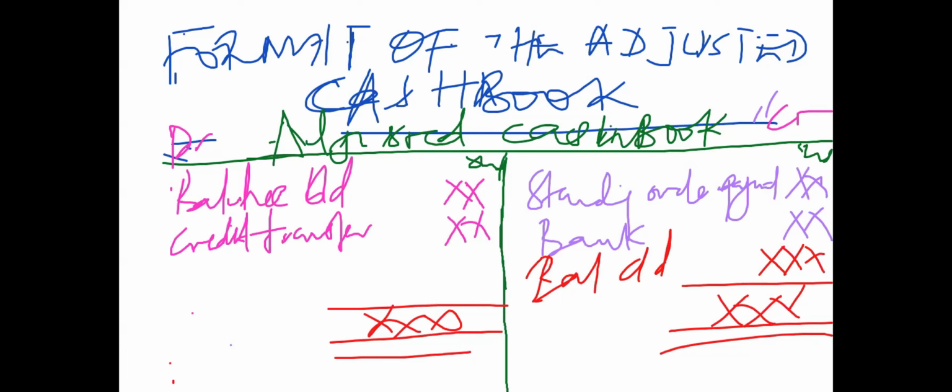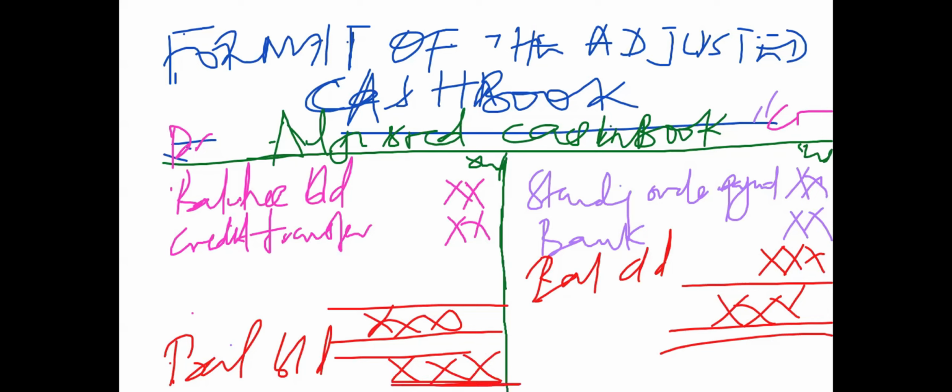Balance brought down this side. Now, this balance brought down here is the one that we call balance as per the adjusted cash book.